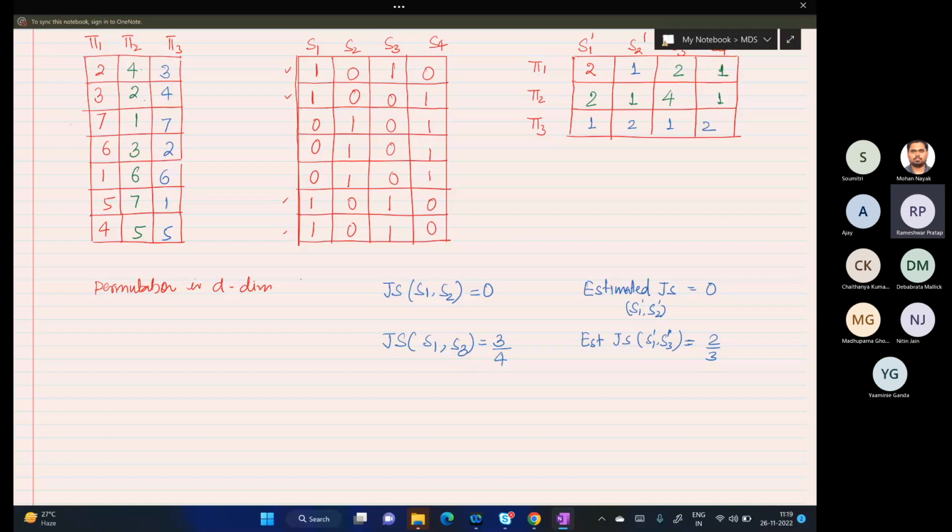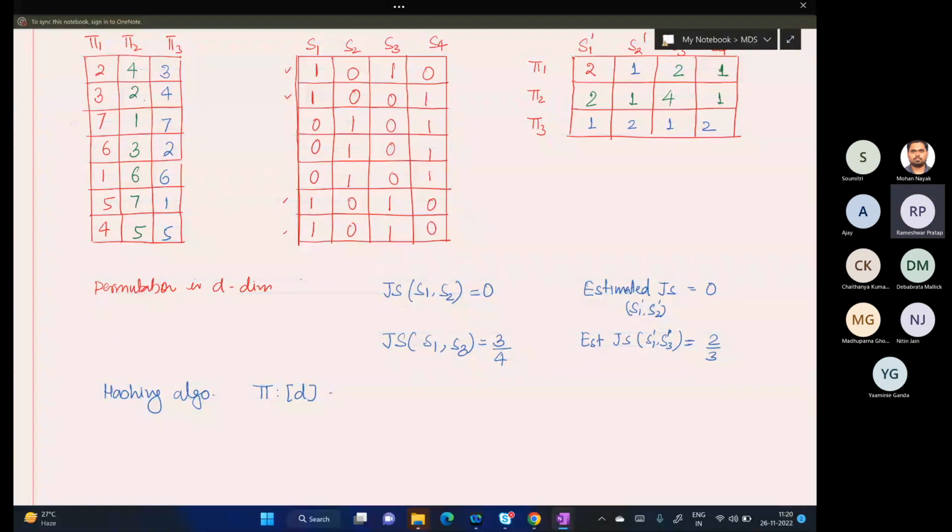So our hashing algorithm is: we take a permutation pi from D to D. Basically, we generate a random permutation.